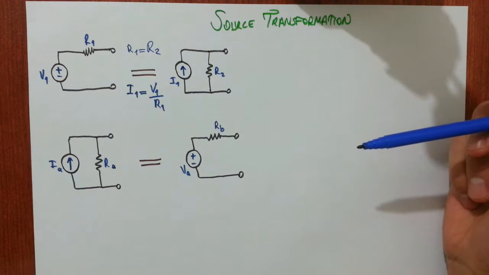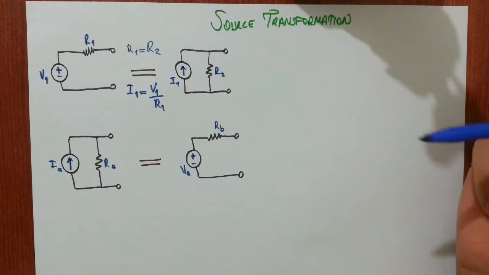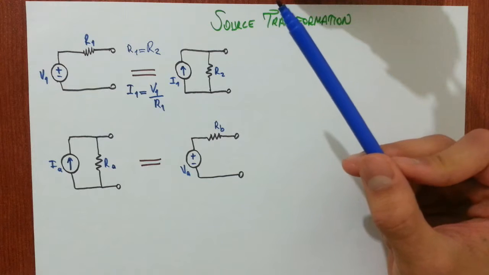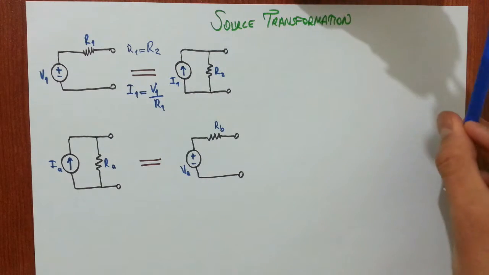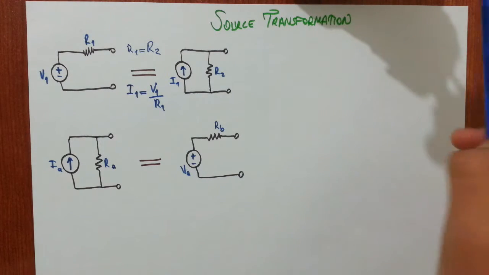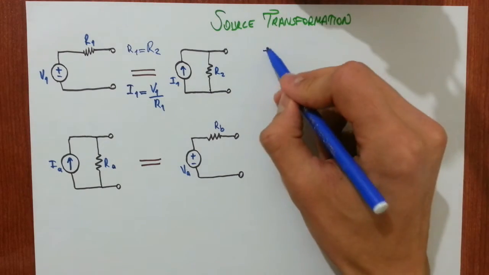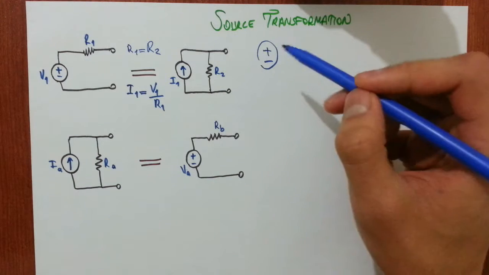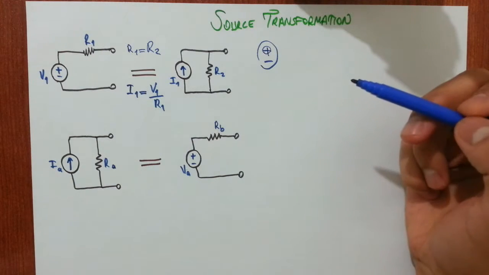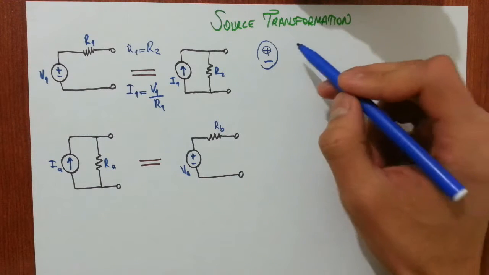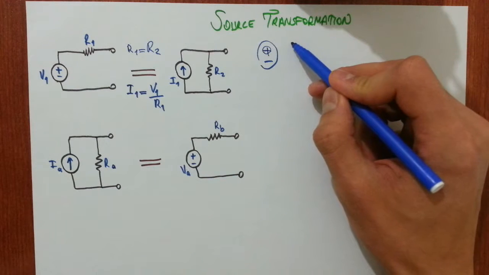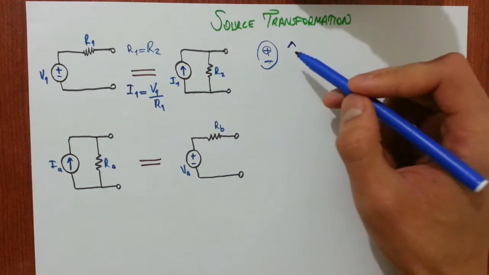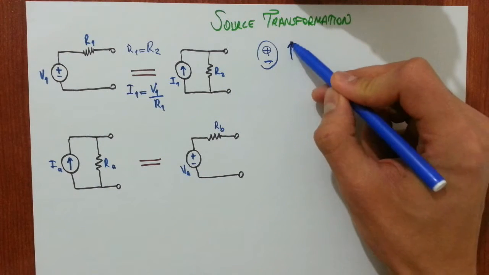And another question is how will I determine the direction of the current source? Well, that's pretty easy. Assume that this is your voltage source, and the plus sign, the positive sign, indicates the tip of the arrow, and the minus sign is the tail of the arrow.